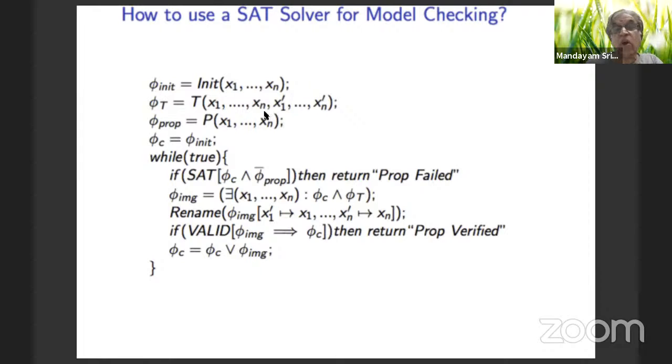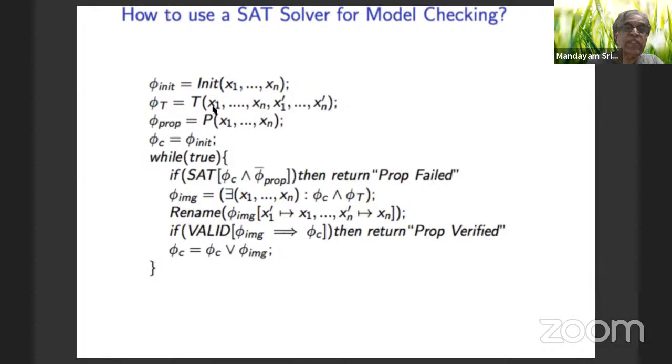There I talked about something called Tseitin encoding, where you don't have to reduce all Boolean connectives to CNF directly; there is a way to convert them into CNF without encountering the obvious blow up. That's a matter of detail.